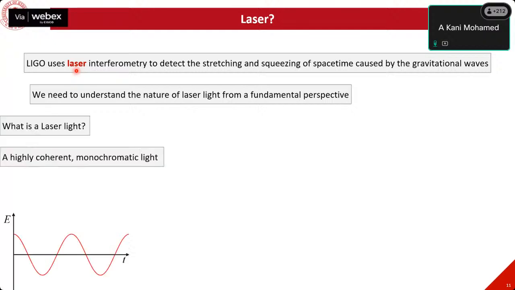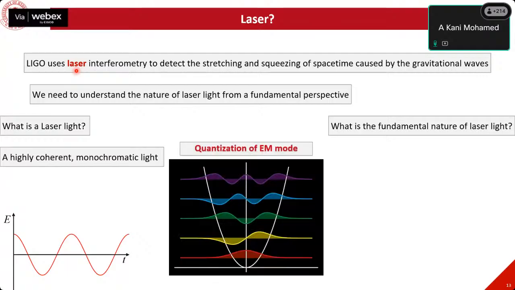So what is a laser? It's a highly coherent monochromatic electromagnetic radiation. That's all we know, but we need to understand laser light from a more fundamental perspective. According to quantum mechanics, the electromagnetic fields are quantized into different eigenstates.